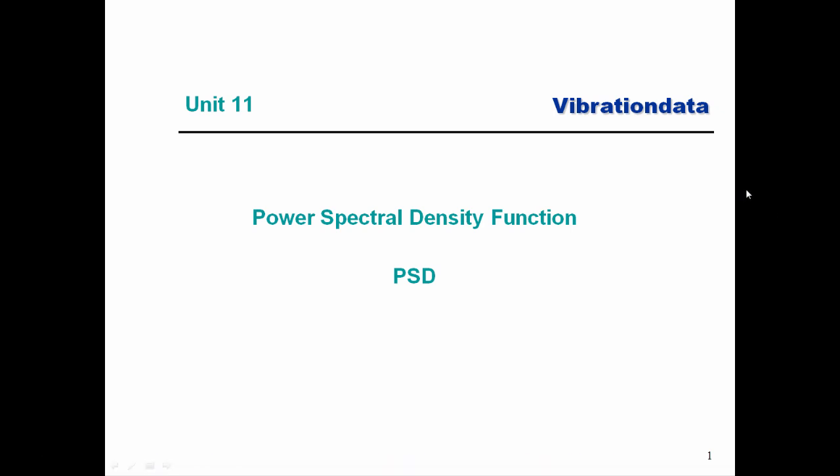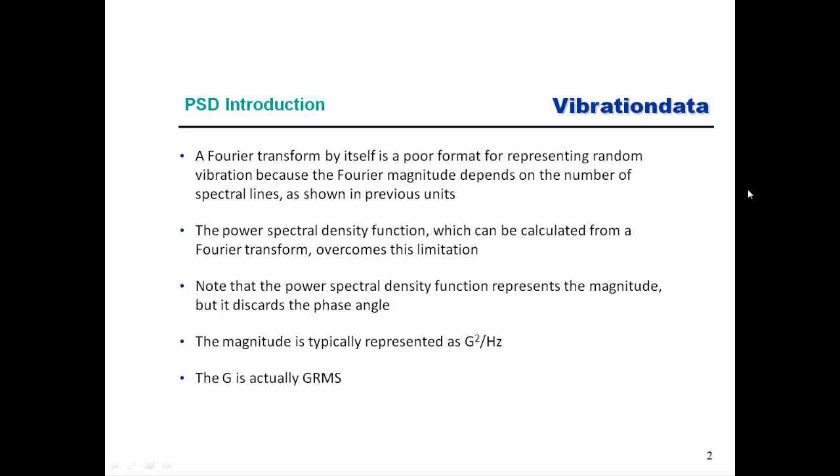The topic for today is the Power Spectral Density function, the PSD. And what we found out in one of the previous units is that a Fourier transform by itself was a rather poor format for representing random vibrations such as white noise. The reason is that the Fourier magnitude depends on the number of spectral lines, and the number of spectral lines depends on the duration.